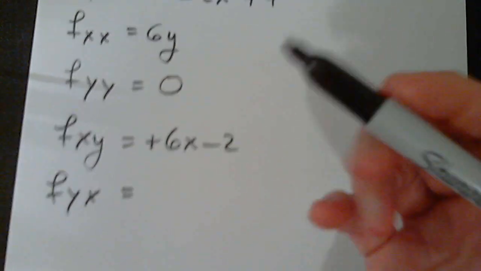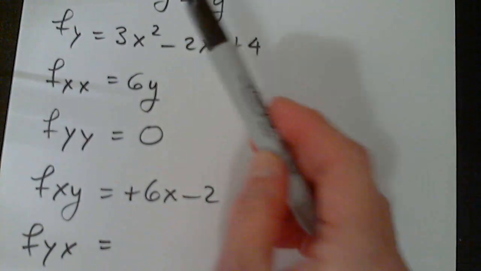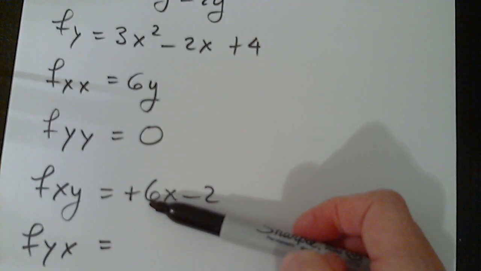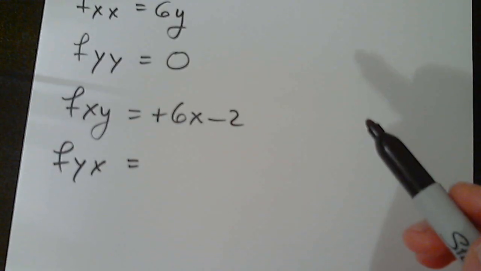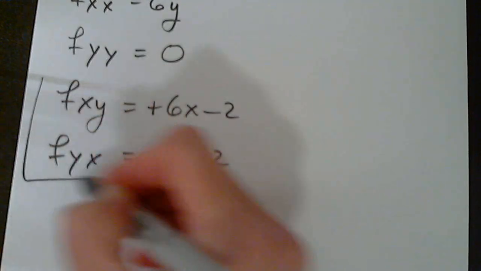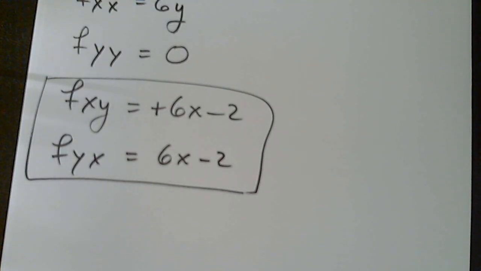Sorry, one more time. fxy. Why did I write minus? I have no reason. 6xy prime is 6x with respect to y. And fyx, 6x minus 2. They have to be the same. So these are the 6 derivatives.